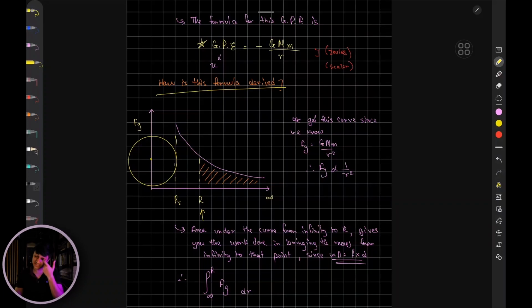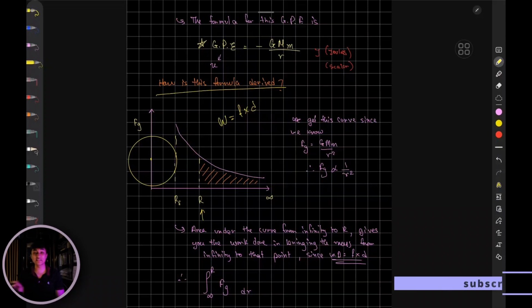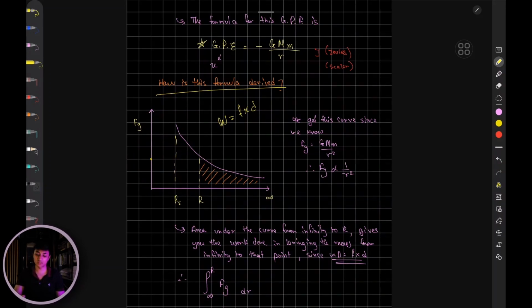Remember the formula for work done, force times distance. Here you have force on the y-axis and distance on the x-axis. So how will you find the work done? You integrate. You find the area under the curve between R and infinity. That's how you find the formula for gravitational potential energy.